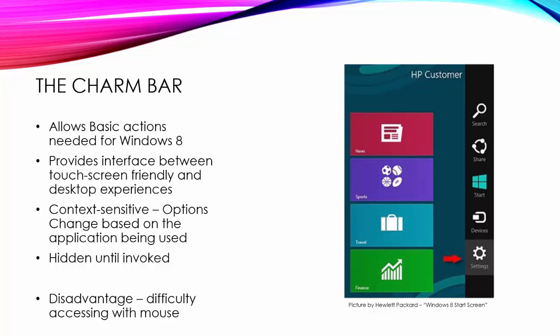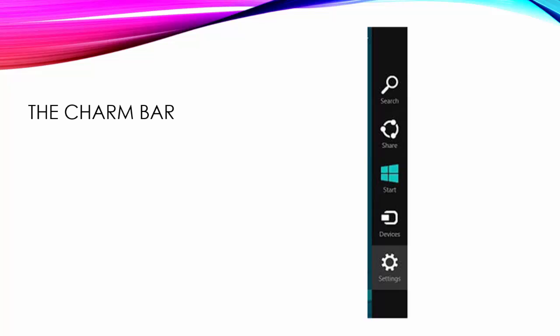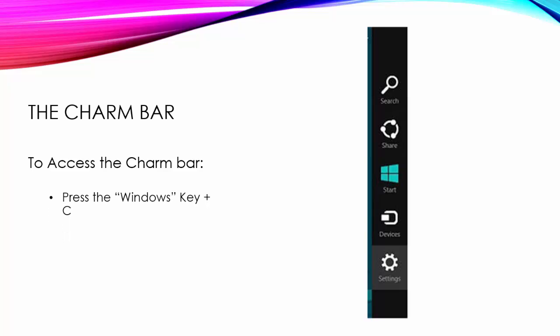The Charms bar is accessed by dragging the mouse to either the top or bottom right corner of the screen, or pressing the Windows key plus C and it will pop out on the right side. It combines the search, share, start, device, and settings functions into one location.